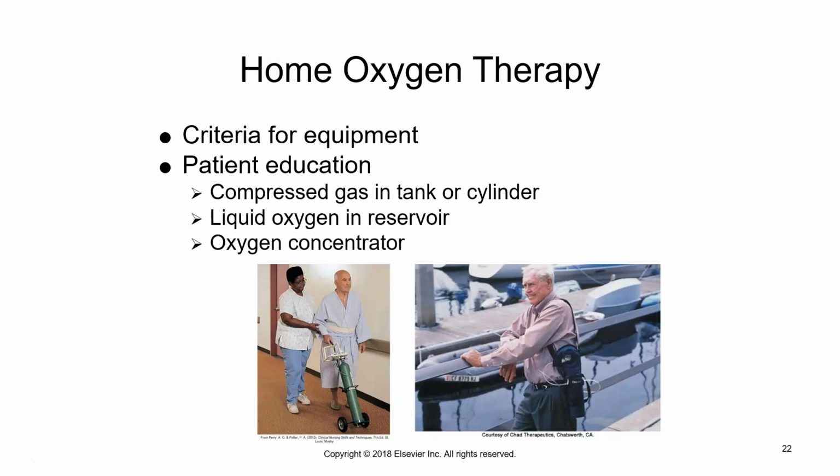Patient education is making sure they understand how to use their compressed gas in the tank or cylinder, or their liquid oxygen reservoir, or the oxygen concentrator. The picture with the gentleman walking in the hospital is a gas tank or cylinder, where the gentleman who is out boating is using an oxygen concentrator.